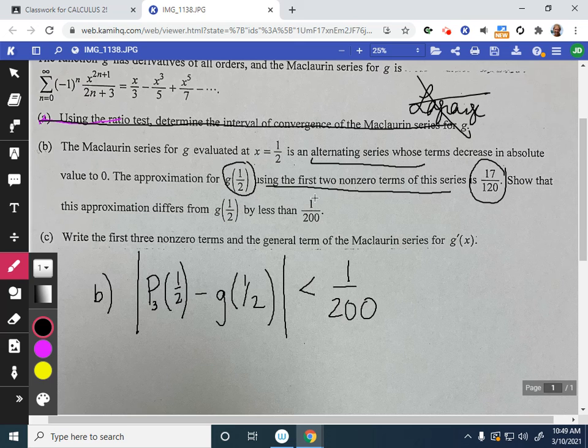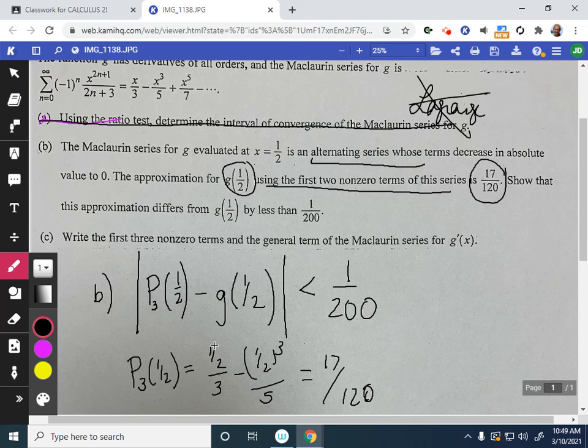Yeah, I do know I said that, but I also know that this is kind of forcing us to plug 1/2 in for x. So my third degree polynomial at 1/2 is 1/2 over 3 minus 1/2 to the third over 5. They already did the math for us. This ended up equaling 17 over 120. They just didn't want you to have to do the math for that.